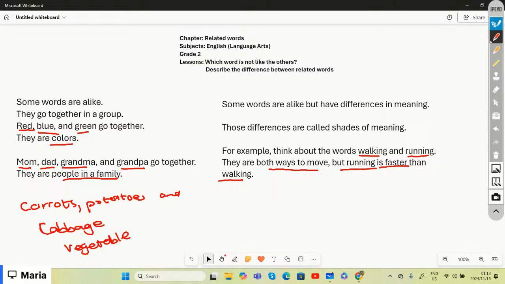All right, so we said that we have walking and running, and both of these show that the person is moving.